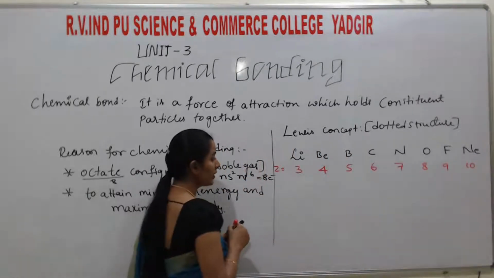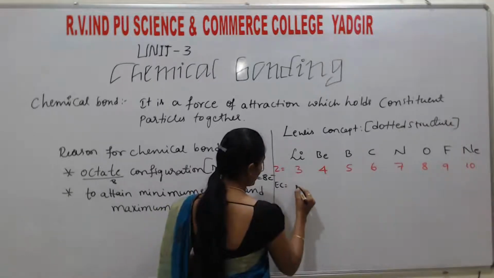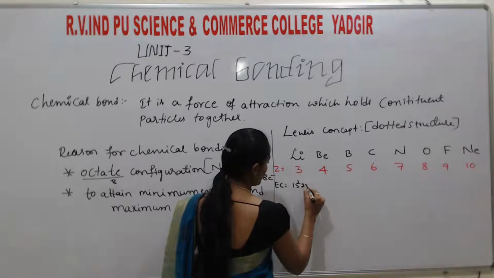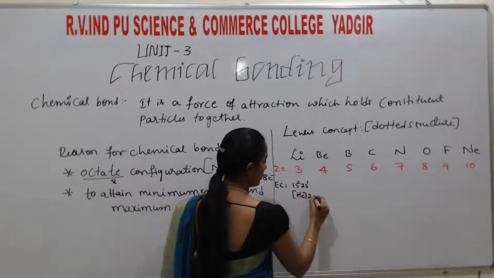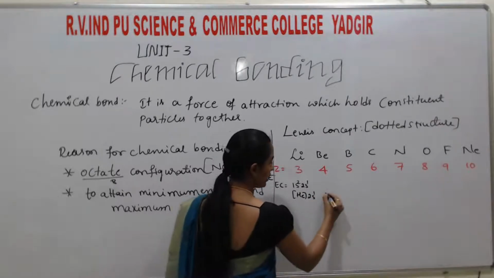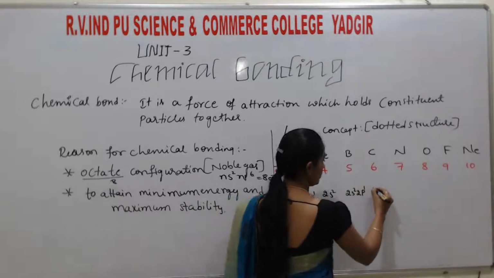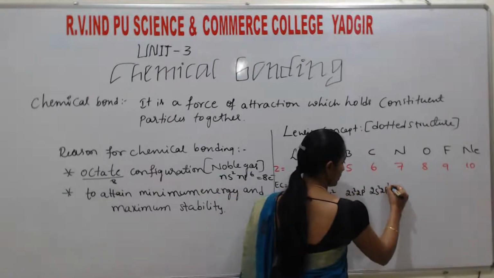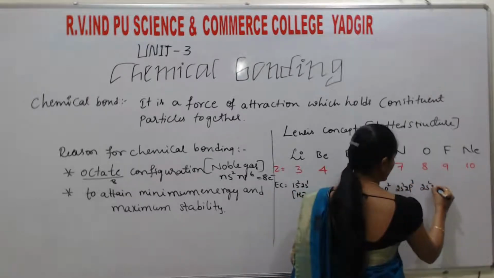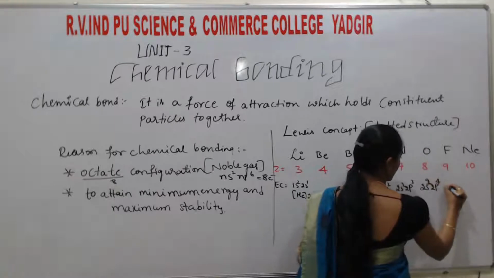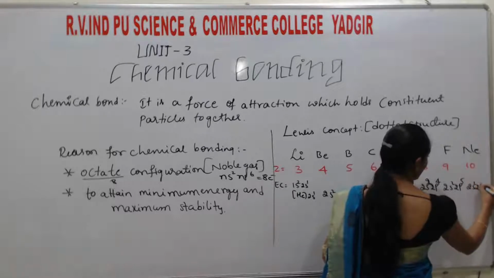Okay, so if you write the electronic configuration, for lithium you will get 1s2 2s1, correct? That is helium 2s1. Then I get 2s2, 2s2 2p1, 2s2 2p2, 2s2 2p3, 2s2 2p4, 2s2 2p5, and 2s2 2p6.